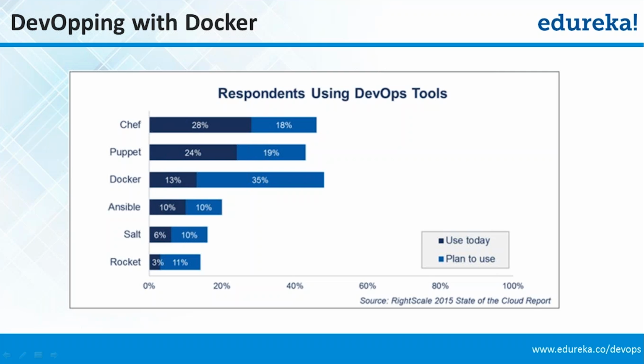Another question coming in from Rajit Kumar. What is the difference between Docker and Chef Puppet? Very first, Docker is a virtualization technology which is based on containers. That's completely different. Chef and Puppet are configuration management systems which help you configure the stuff.